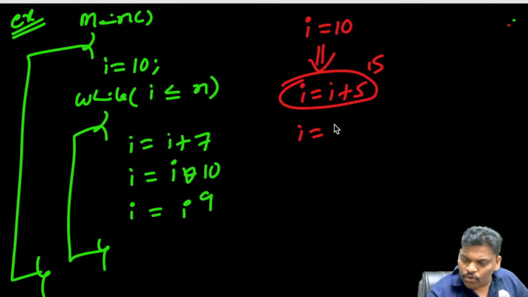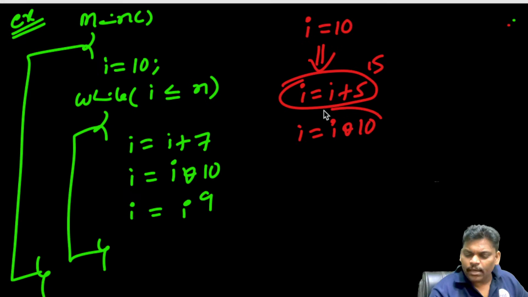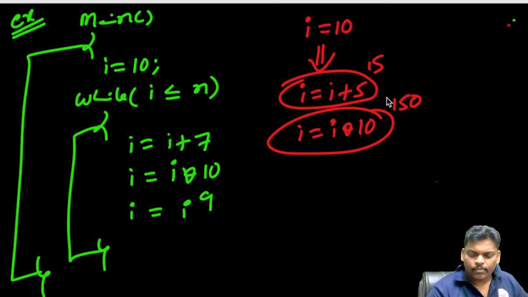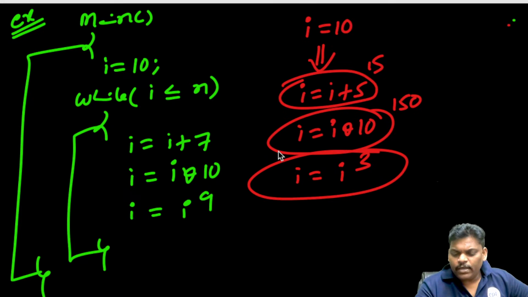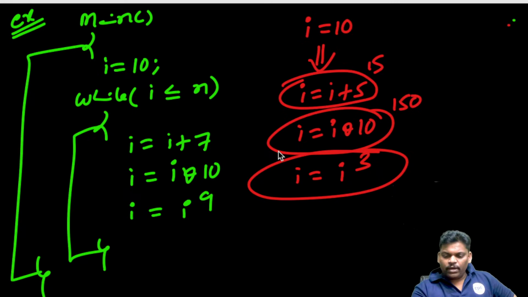Next, i = i * 10: 15 into 10 becomes 150. Next, i = i power 3, so 150 cubed. 150 times 150 is 22,500, and then times 150.